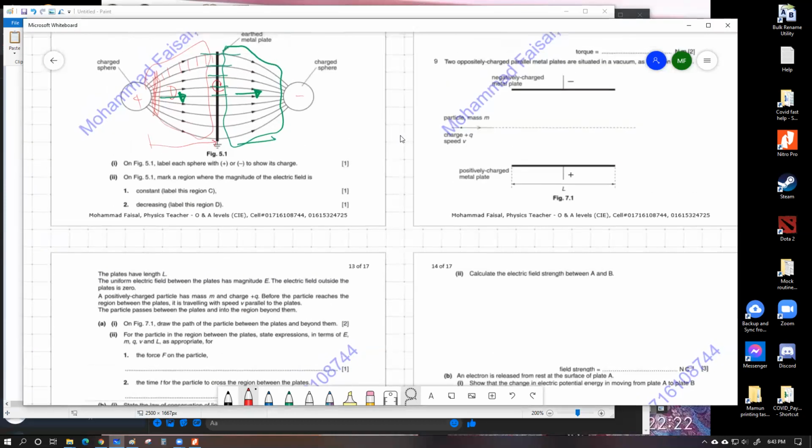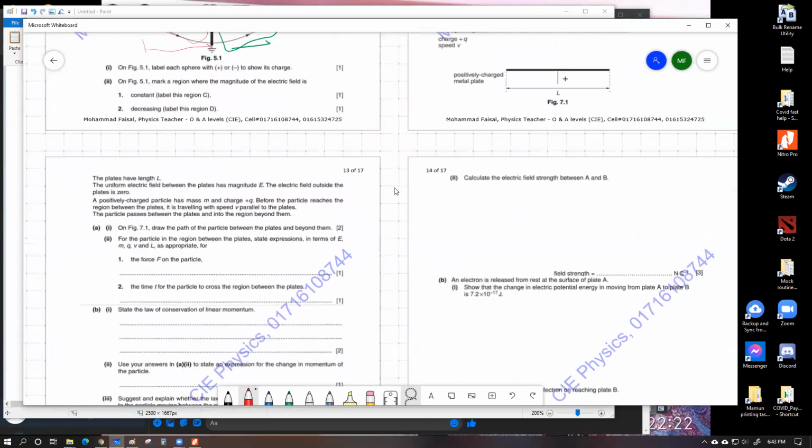So we have the two charged metal plates situated in a vacuum as shown in this figure. We have this particle coming in, entering the electric field from the left. The uniform electric field between the plates has magnitude E. The electric field outside the plates is 0. A positively charged metal sphere, yes.